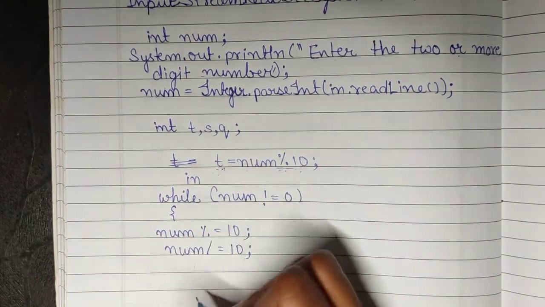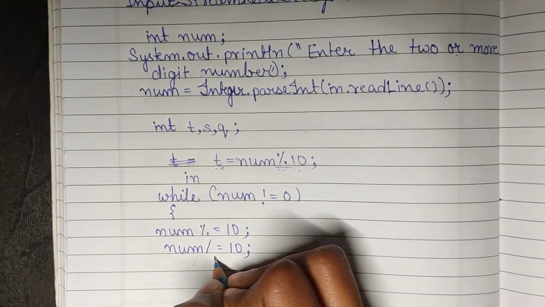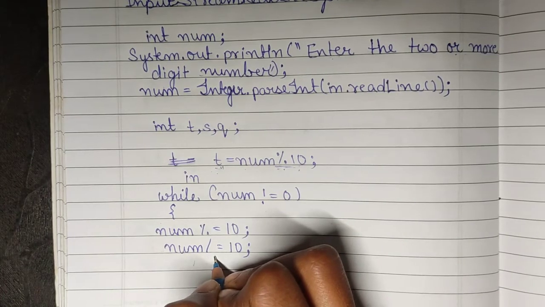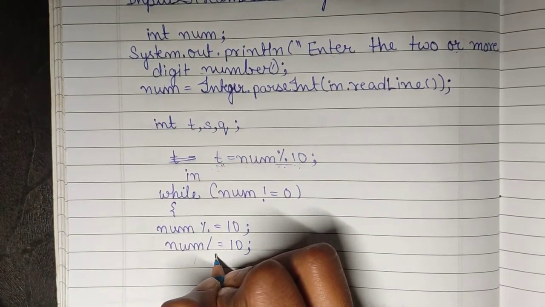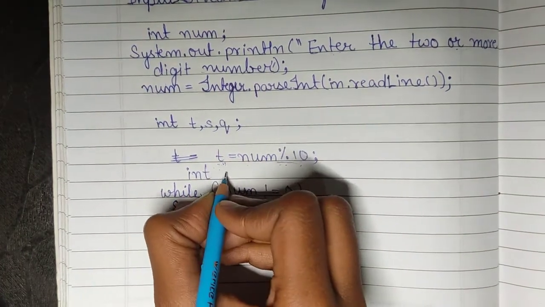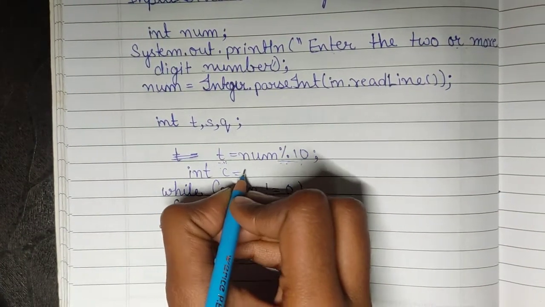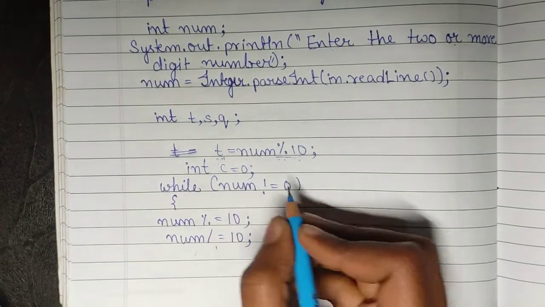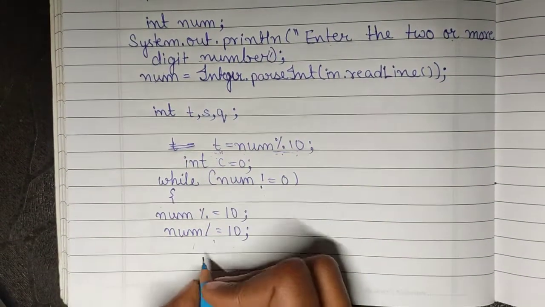And here we are running a loop in which we will get the number of digits in the number given by the user. So we'll count the number of digits.